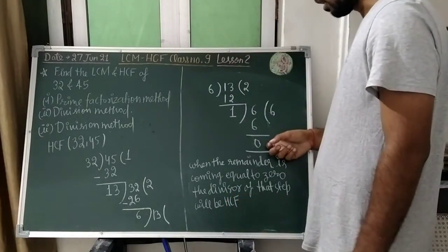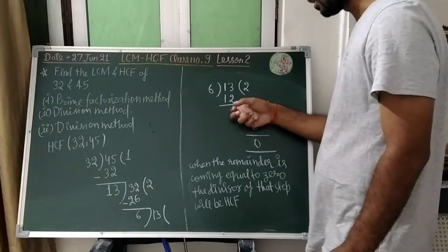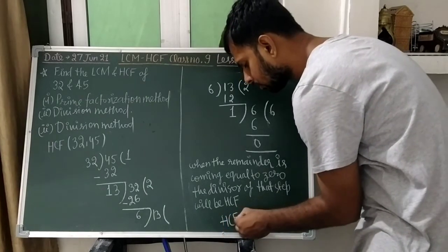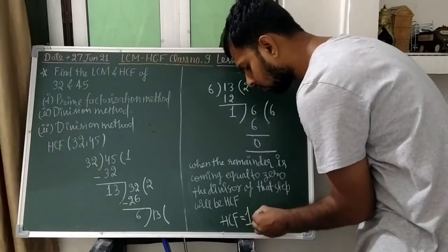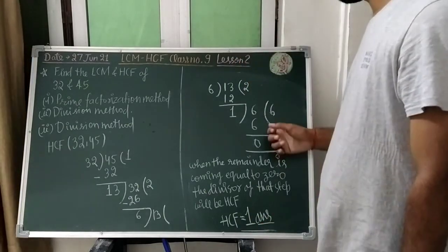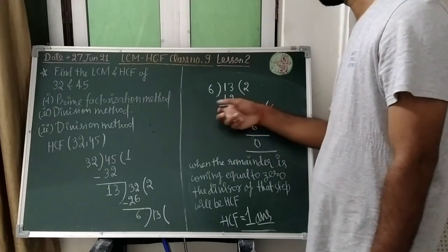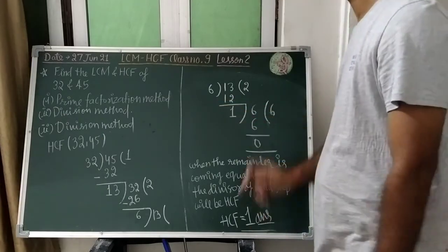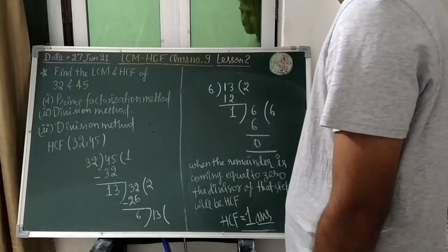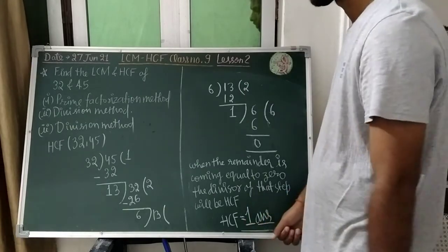This step gives the remainder equal to 0, and the divisor of that step is 1, so SCF will be equal to 1. Isn't it, students? The step in which the remainder comes equal to 0, the divisor of that step will be the SCF in the case of the division method. Okay, students? So SCF will be equal to 1.